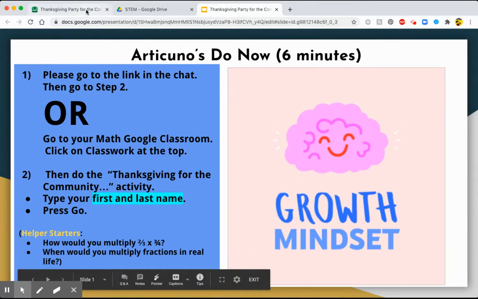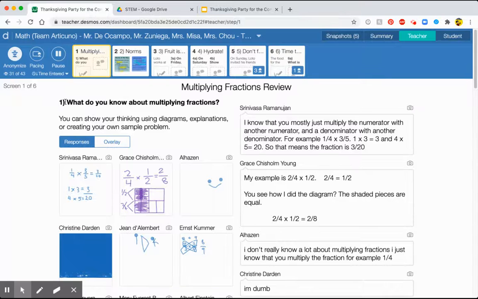So our do now was number 1. Number 1 said, "What do you know about multiplying fractions?" You can show your thinking using diagrams, explanations, or creating your own sample problem. So these are just some of your classmates' answers to this question.